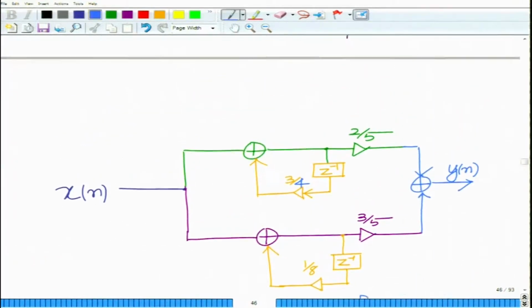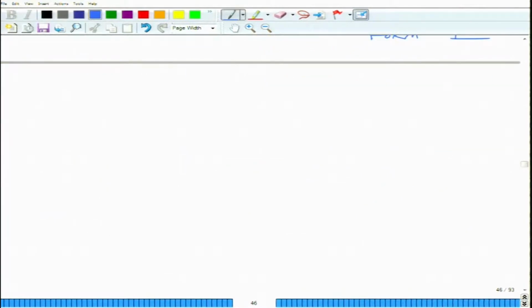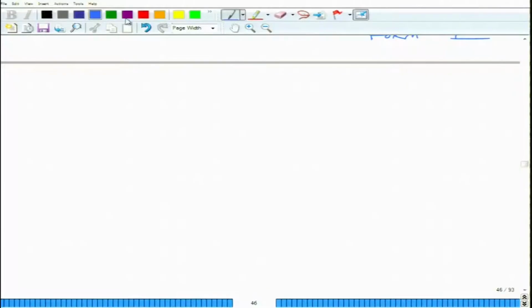And similarly, now you have the parallel form 2. Another structure is parallel form 2, where given a transfer function, a rational function in Z, you use a partial fraction expansion in Z. In parallel form 1, you use a partial fraction expansion in Z inverse; in this you use a partial fraction expansion in Z. So, this is your parallel form 2.